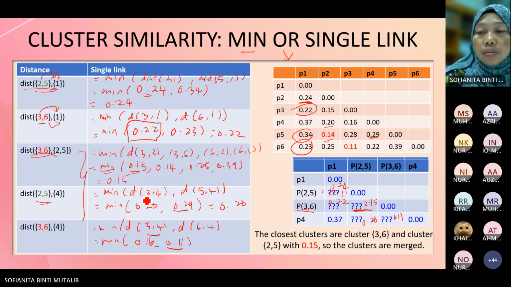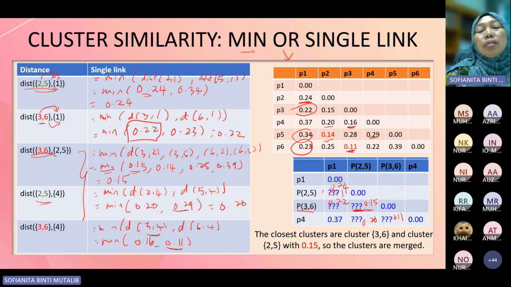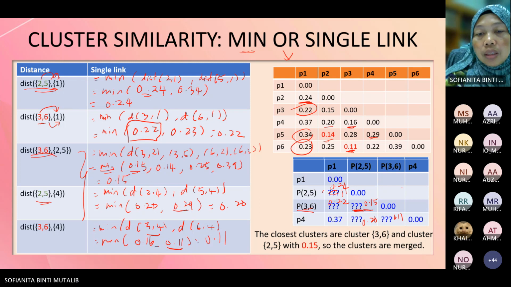Okay. 3, 6, 3, 4. 0.16 and 2. Okay. This is correct now. 0.16, meaning to say the slide has to be corrected.